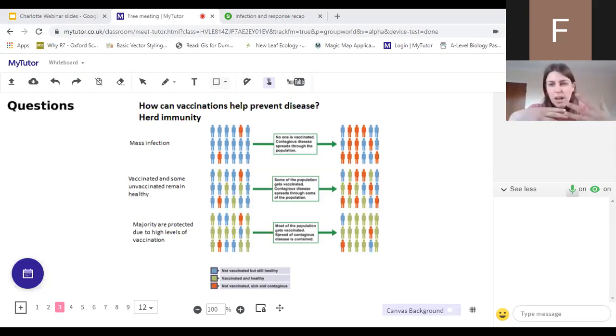So we don't have any immunity to it. Now, it's a cold, so it's okay, we generally get over it. Our body generates that immune response a bit slower than it would have if we'd recognized it in the first place, but it gets there eventually, and then we move on. But no, we haven't been able to vaccinate against the cold because they are just changing all the time.